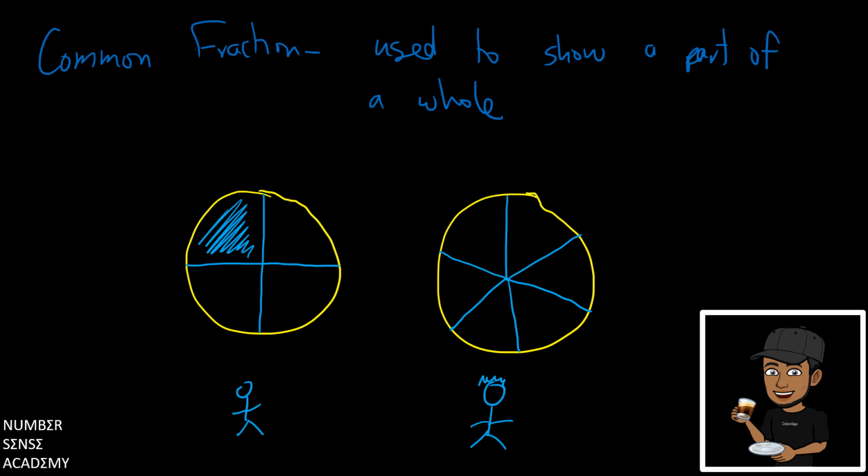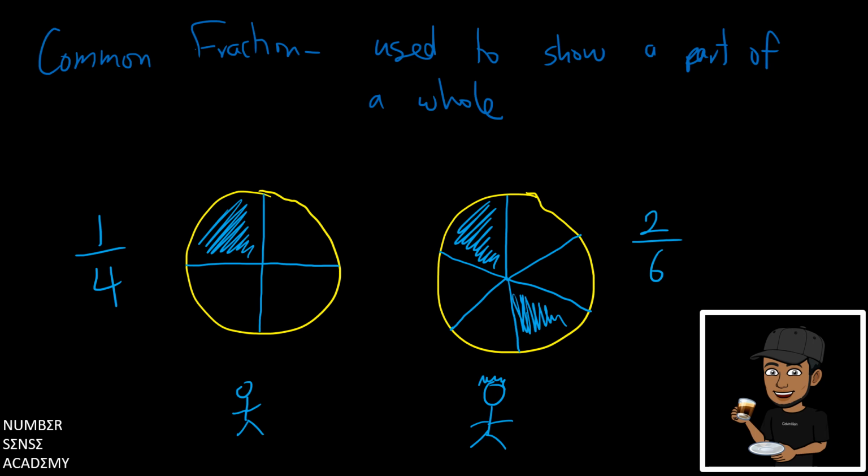So in other words, I've taken one of the four slices. My friend, on the other hand, decided that, you know what, I know I'm supposed to split it up for use over 6 days, but I feel like having two pieces today. So he takes two of the six parts.